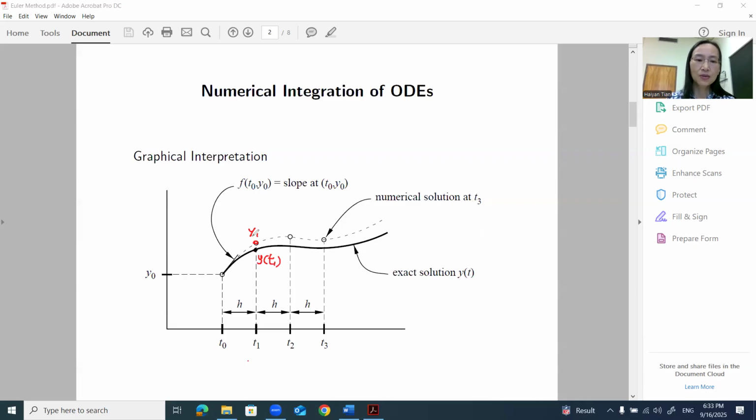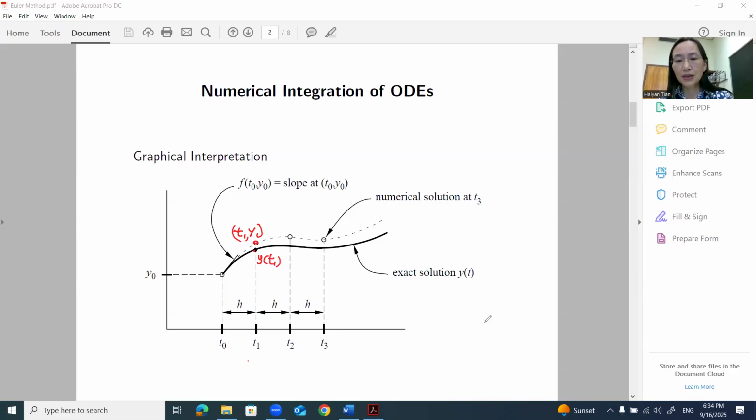So this point t1, y1 is not really on the exact solution curve.